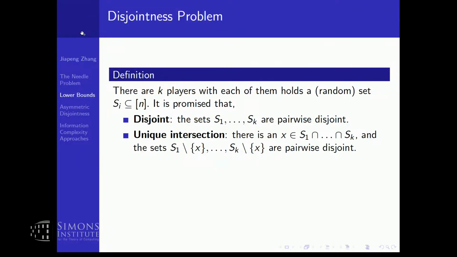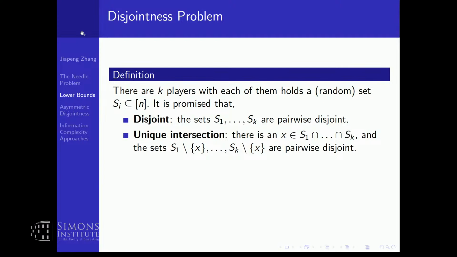The disjointness problem can be stated simply. You have k parties, k players, and each person has a set Si. We promise that either all of the sets are disjoint, or there is a unique intersection. Unique intersection means there is one common element x which belongs to all of the sets, and for every pair, the intersection of the sets is exactly x.